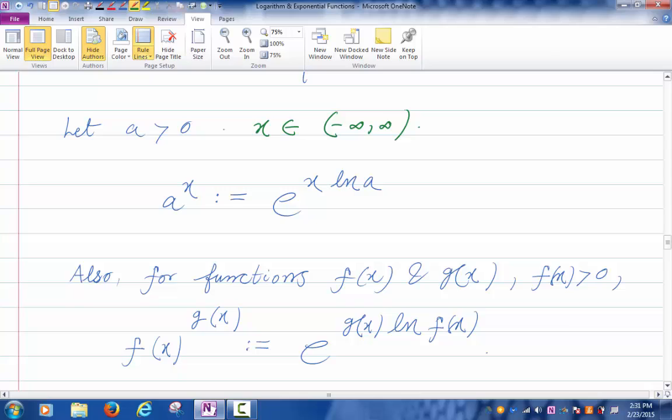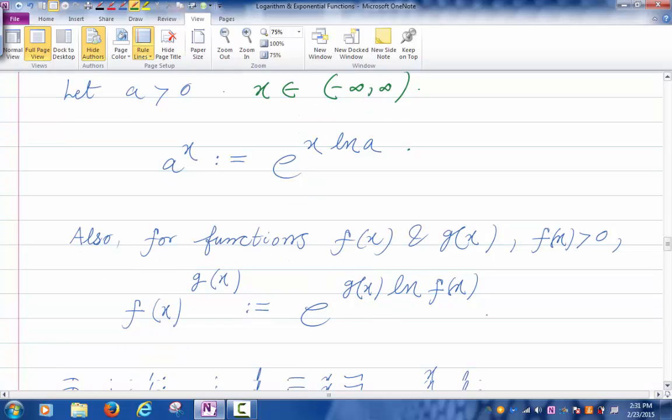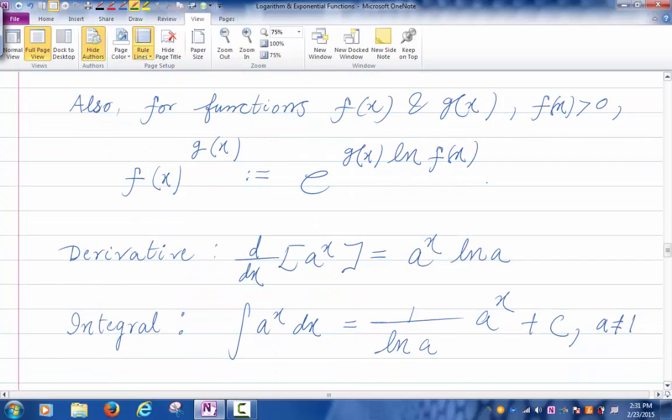Also, if I have a function f of x to the power g of x, as long as f of x is positive, I can say that f of x to the g of x is the same as e to the power g of x times ln of the base f of x.